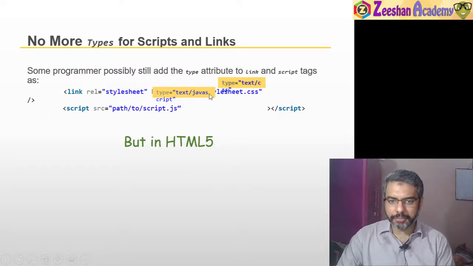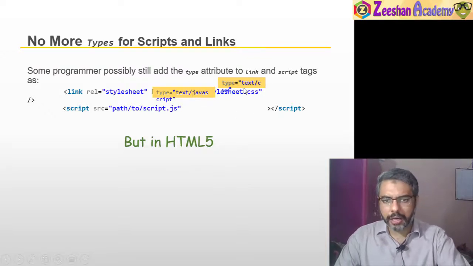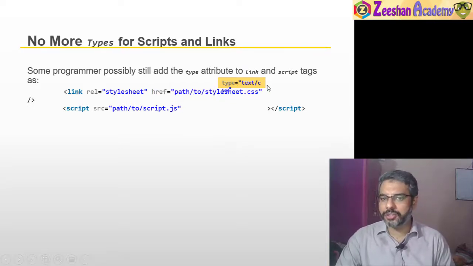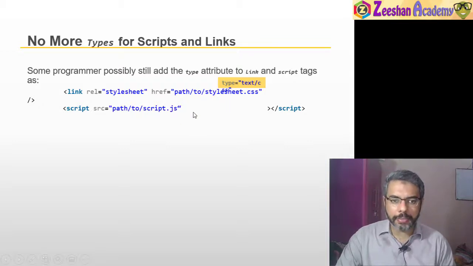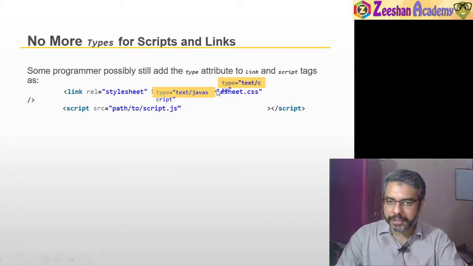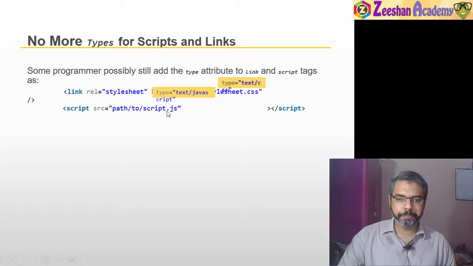I think I've just misplaced these two things, but this is what we used to do. So with a link tag, we used to have type text/css, and similarly, with the script tag, we used to have something called type text/javascript.